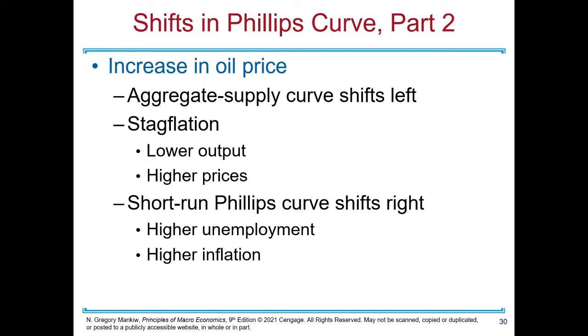And it directly affected the firms' costs of production, and thus the prices they charge. So firms had to start paying more, so they increased prices. What it did is it shifted the short-run aggregate supply curve, and as a result, the Phillips curve.